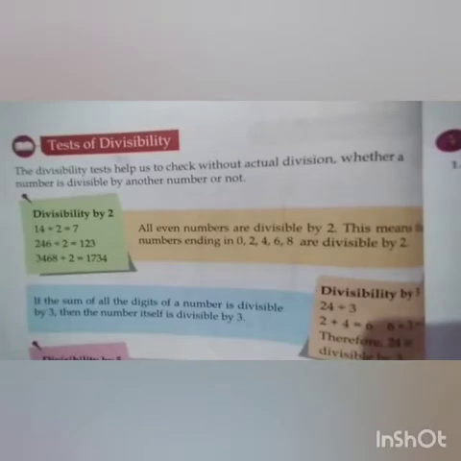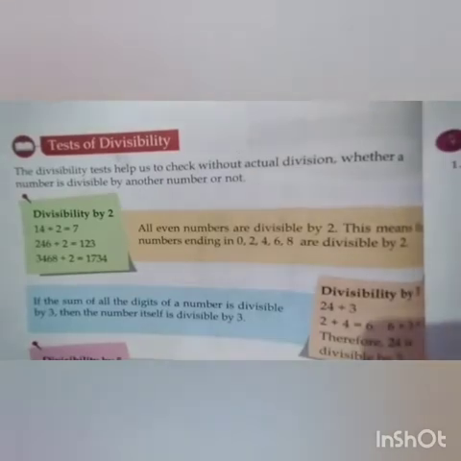The first is divisibility by 2. You know all even numbers are divisible by 2. In the table of 2, all the numbers are even numbers.